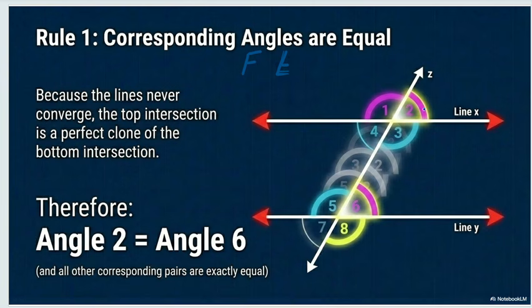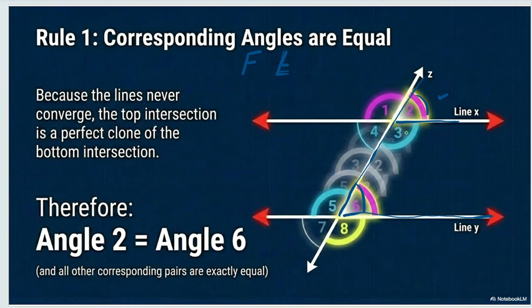So here I'll talk about angle 2 and angle 6 as corresponding angles. So you have to make an F. So this is our F now. So angle 6 and angle 2 are corresponding angles.